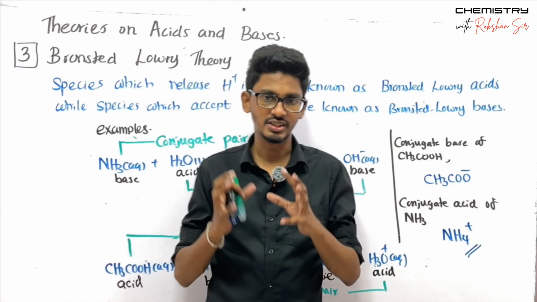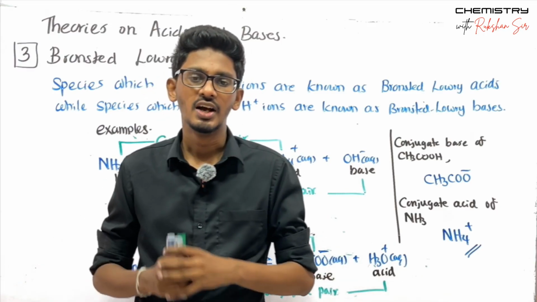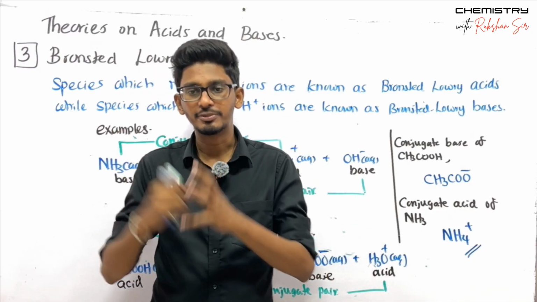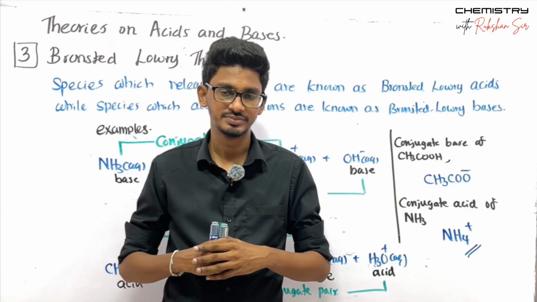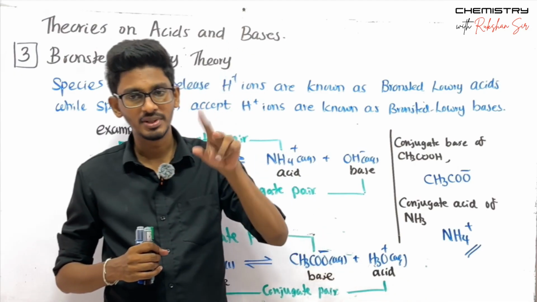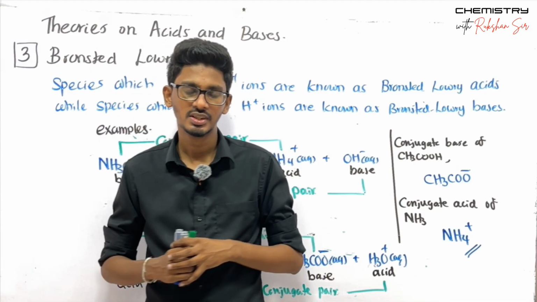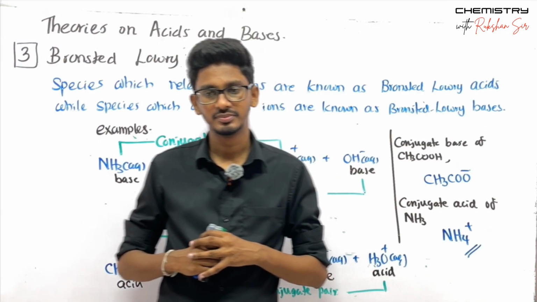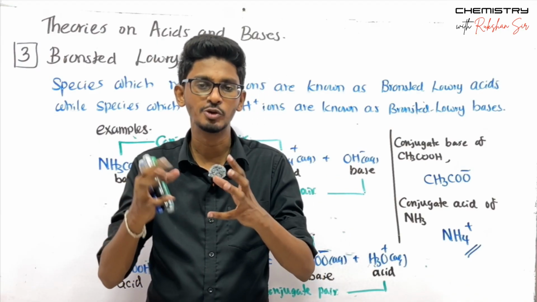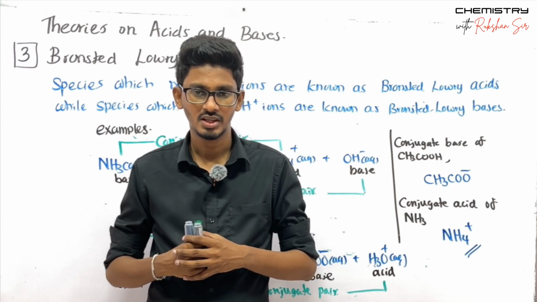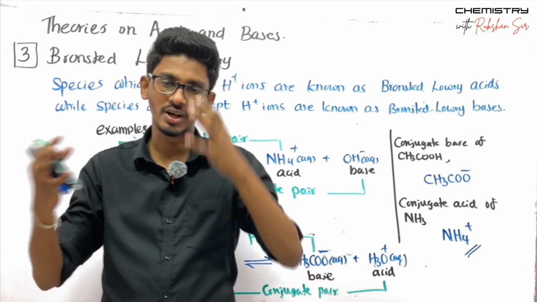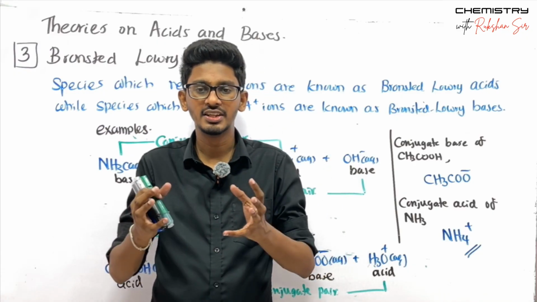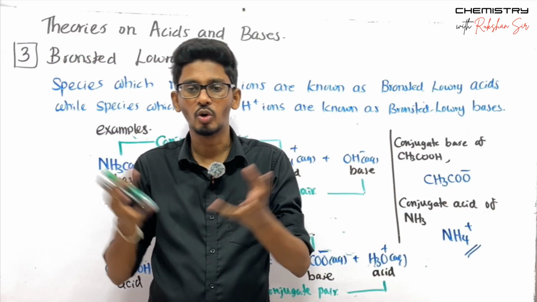If they have asked you to write a conjugate species to a given species, you have to just add a H plus or just remove a H plus, so that only an H plus difference appears between the two species. Whether to remove an H plus or add an H plus will be decided by whether they are asking about the conjugate base or the conjugate acid.